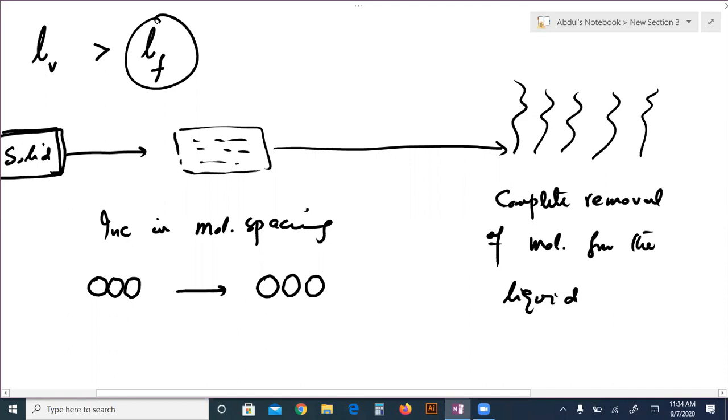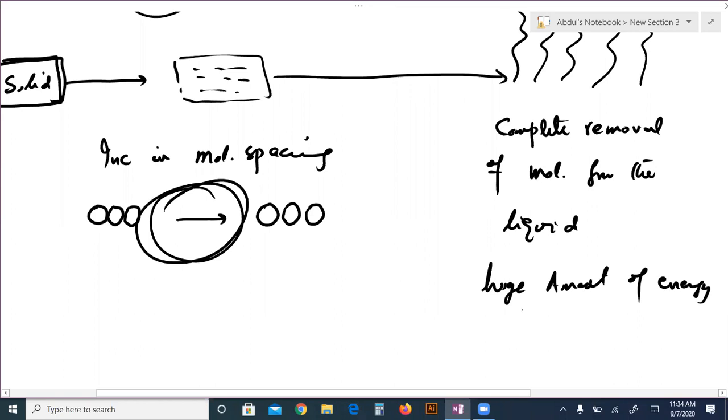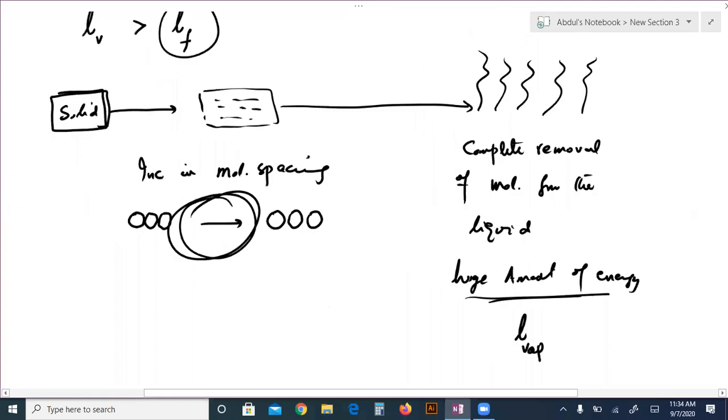So it requires a huge amount of energy. This spacing increase required less energy, but this required a huge amount of energy. That's why the specific latent heat of vaporization is too large.